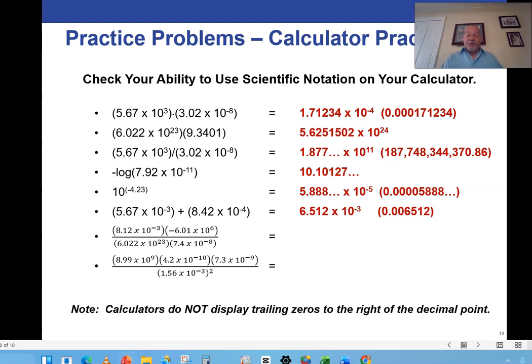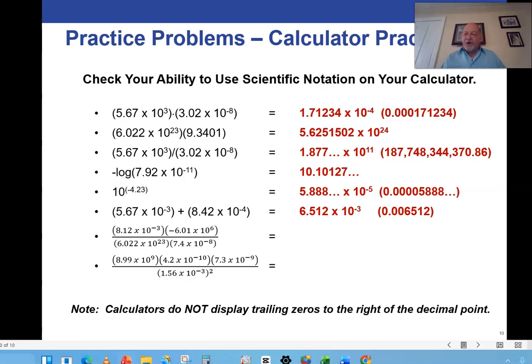Now, before you type this in the calculator, I'm going to tell you a lot of students will multiply the top two numbers, which is correct, divide by Avogadro's number, 6.022 times 10 to the 23, and because the 7.4 times 10 to the minus 8 is multiplied by Avogadro's number, they'll type times 7.4 times 10 to the minus 8. No, please do not do this.